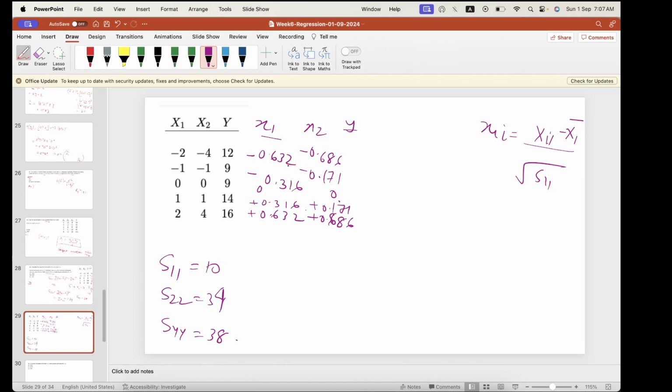so I'll just write it in a proper manner. We just have to align it.